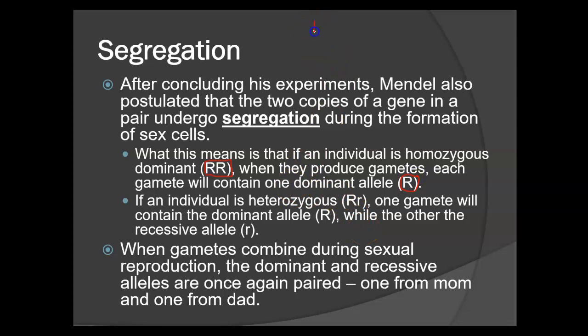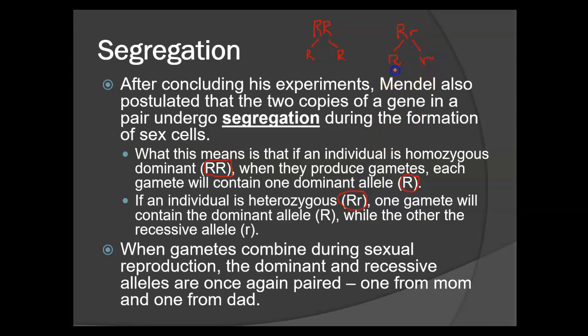So when we start out with an individual who is big R, and they're creating gametes, these are going to get separated from each other in meiosis 1, and the cells are all going to end up with big R alleles in them. If an individual is big R, little r, after meiosis 1, those alleles get separated from each other.